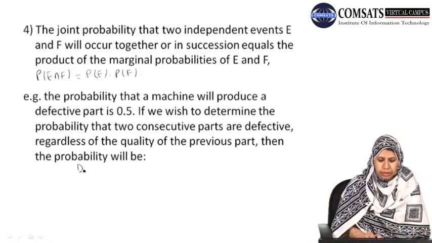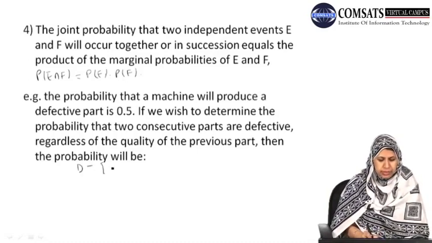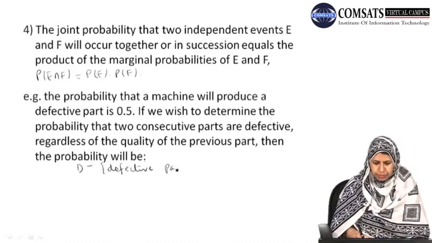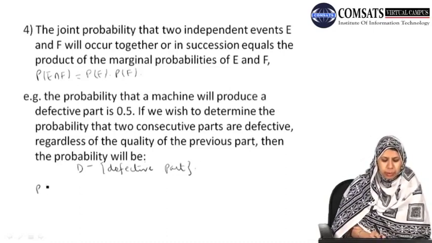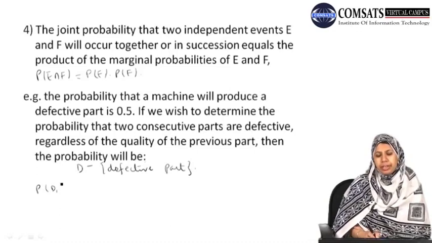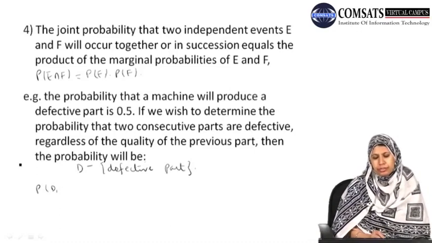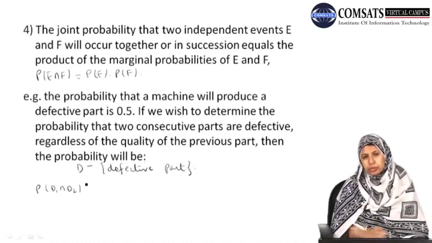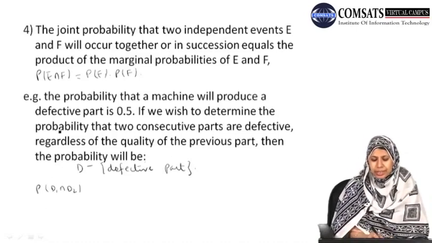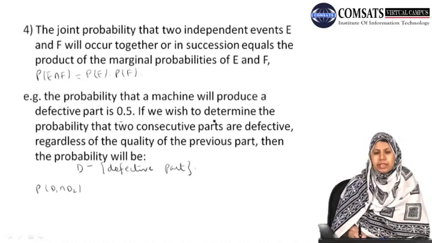Let the event D represent that a defective part is produced, and we are interested in finding the probability that a defective part is produced at the first stage and then also at the second stage. That is, two consecutive parts are defective.